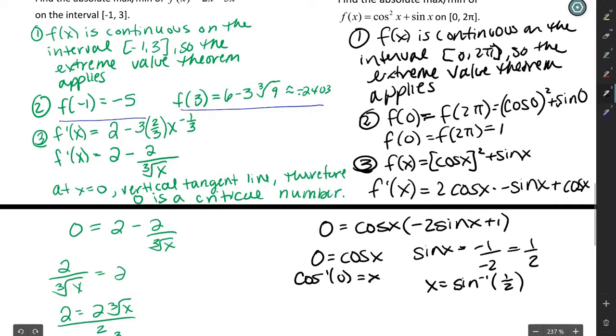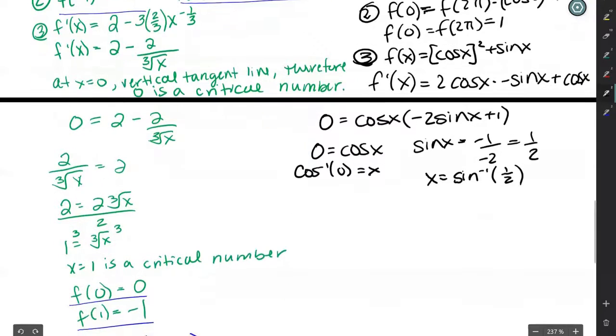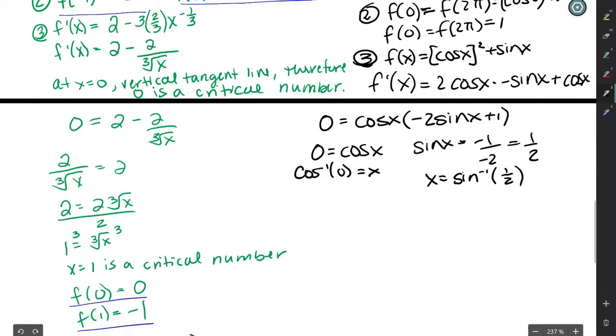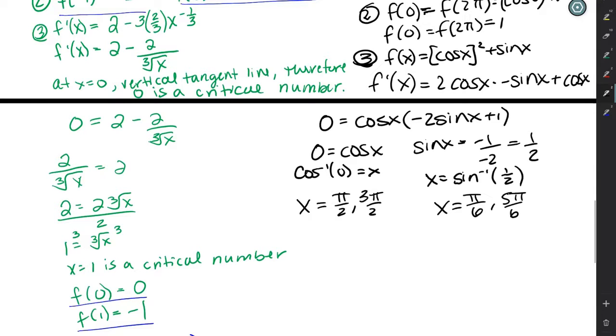So using our unit circle, I get x is either going to be pi over 2 or 3 pi over 2 when cosine is 0. And when sine is a half, x is pi over 6 or 5 pi over 6. So now I have 4 critical numbers that I have to try to substitute into f of x.